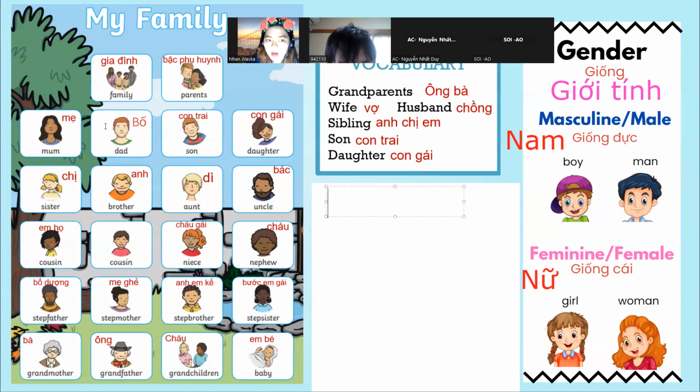Who are those? Who are the males? Can you read it for me? Can you see my arrow? Who are the males in the picture? The males, nam.